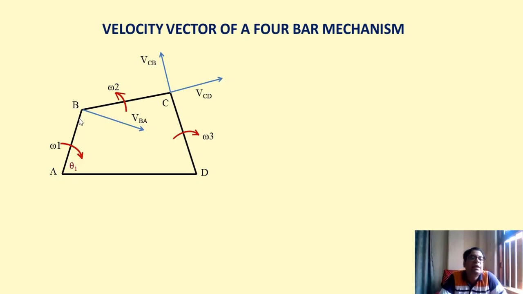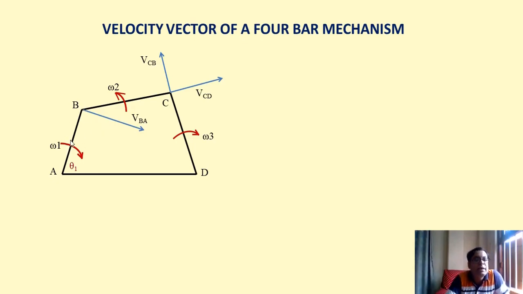That is, if the crank is rotating in the clockwise direction, the connecting rod must also rotate in the clockwise direction. I repeat, if the angle ABC is less than 90 degrees or greater than 180 degrees, then the tendency of rotation of the connecting rod BC will be exactly the same as that of the crank.